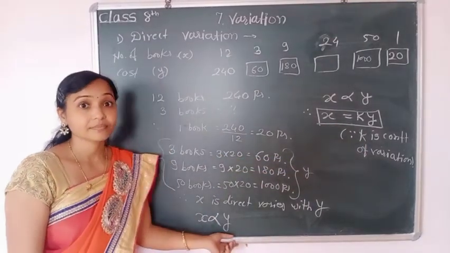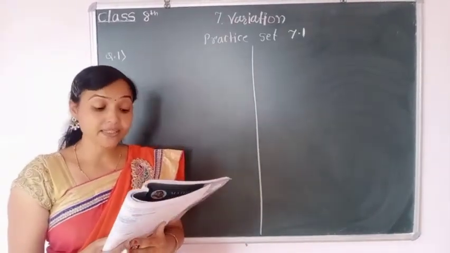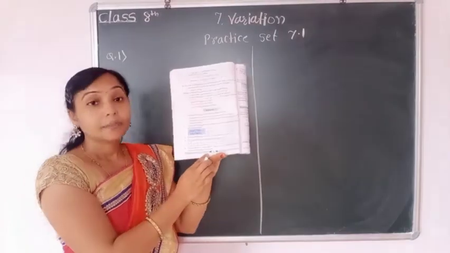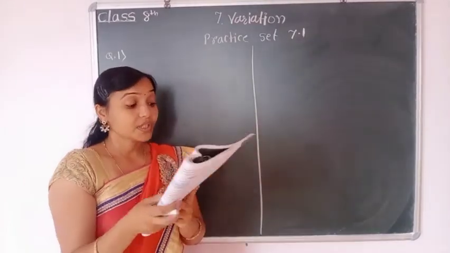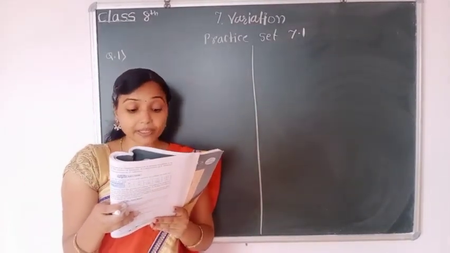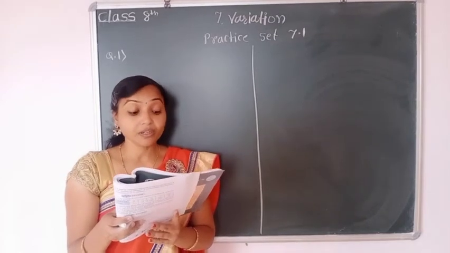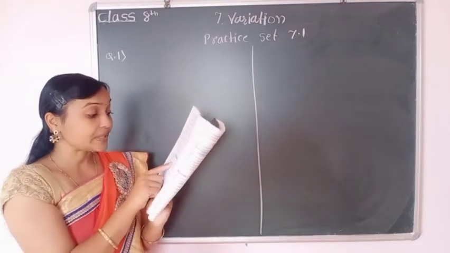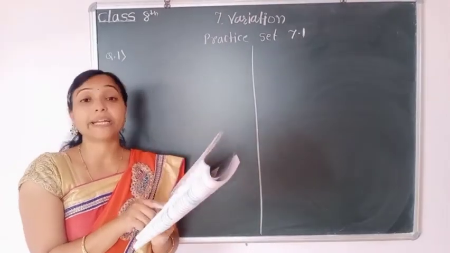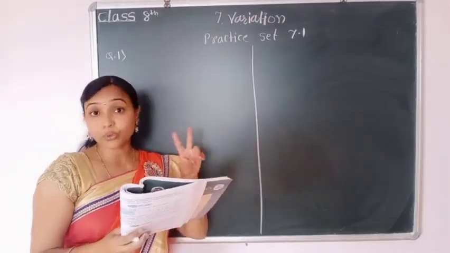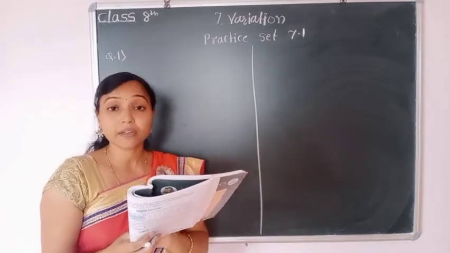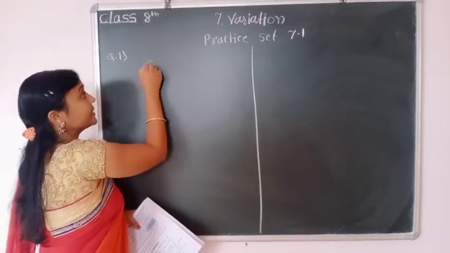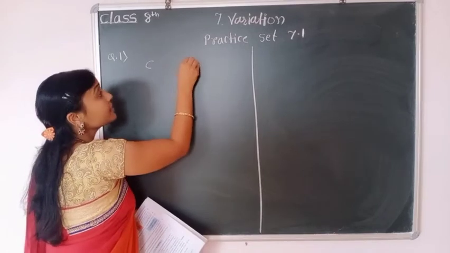Okay. Now we see practice sheet 7.1, page number 36. Question number 1: write the following statements using the symbol of variation. The first example is: circumference C of a circle is directly proportional to radius r. Here they give us two quantities, circumference denoted by C and radius denoted by small r.